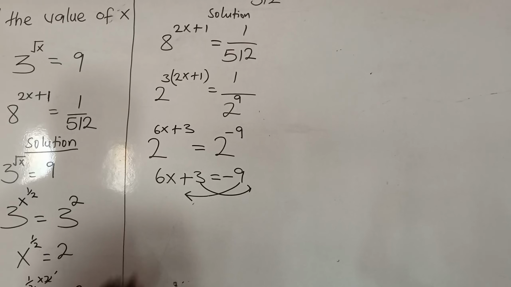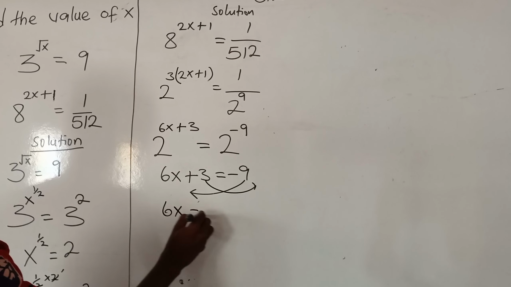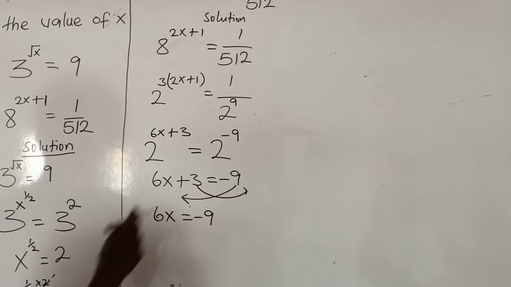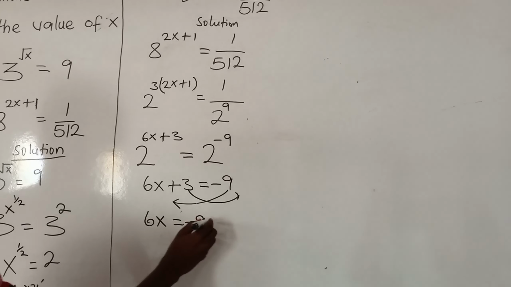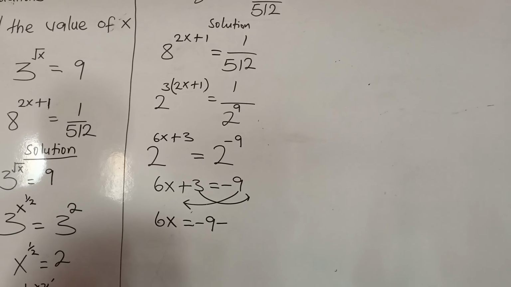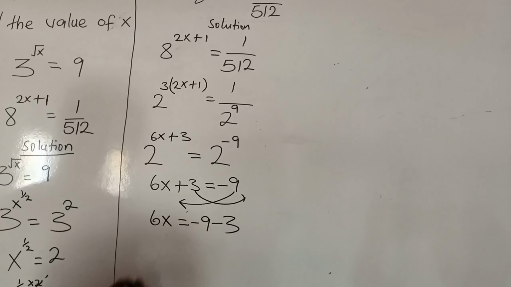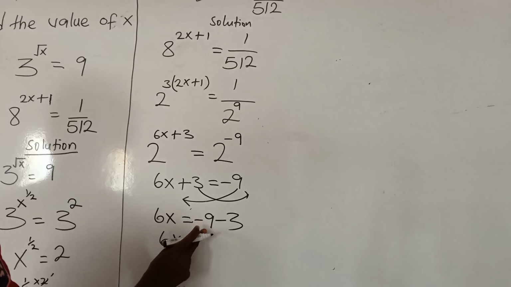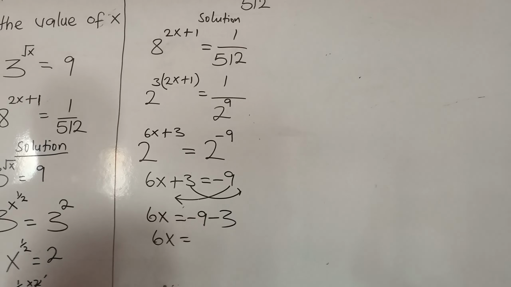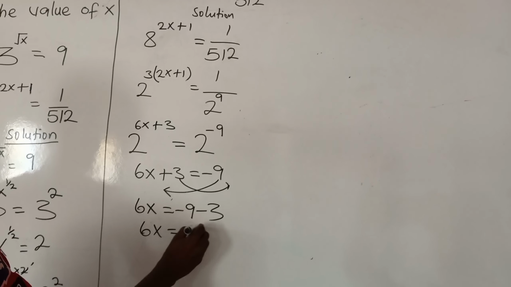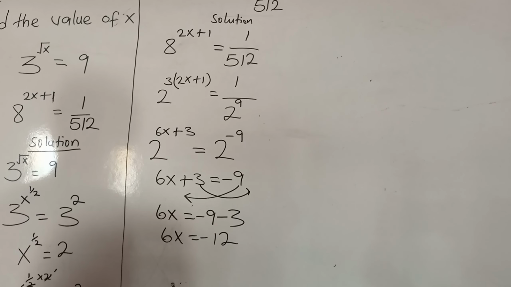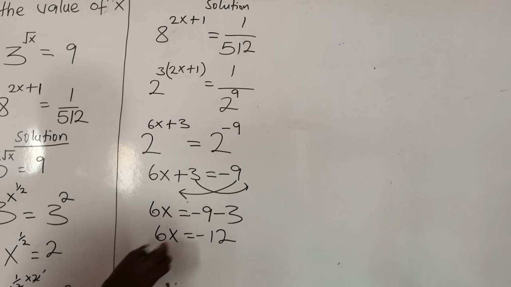So what will happen here? 6x equals to minus 9. The sign for this plus 3 will change to minus 3. So 6x equals to minus 9 minus 3. It will give us what? Minus 12.